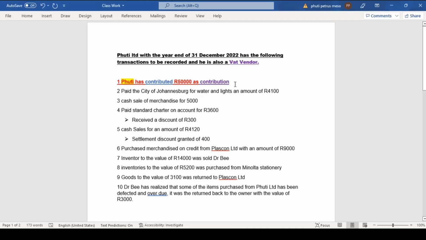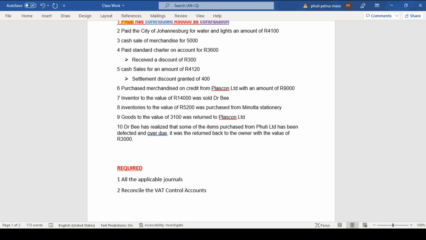Okay, now let me just start in here. I think I must just have an Excel spreadsheet to do the required part. Right, just a moment. All right, I would like us to actually do this now. Let's read the questions. Let's look at the required part. The first one, it says the applicable journals, right?